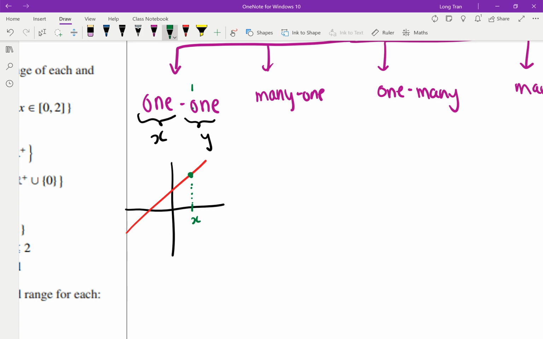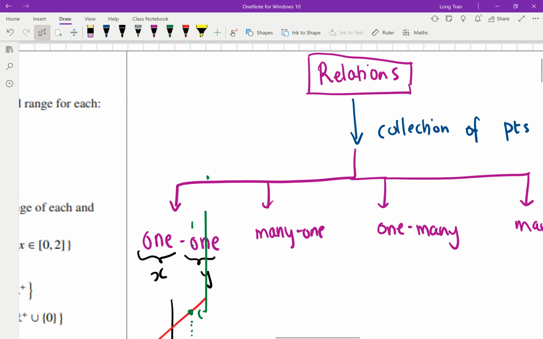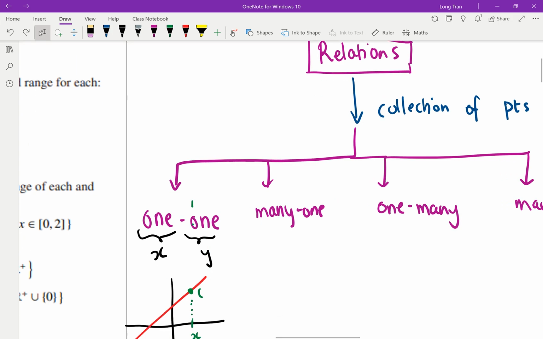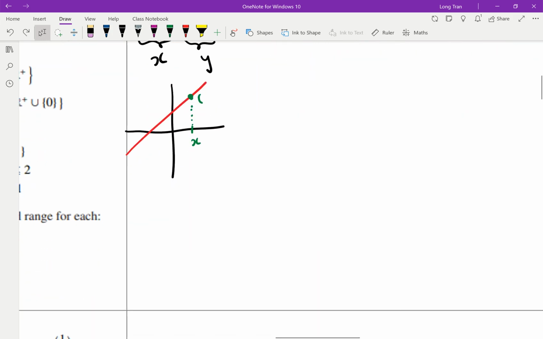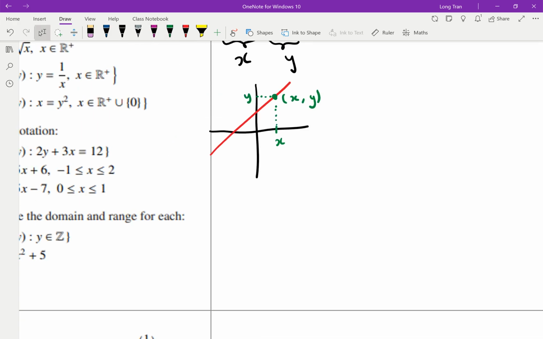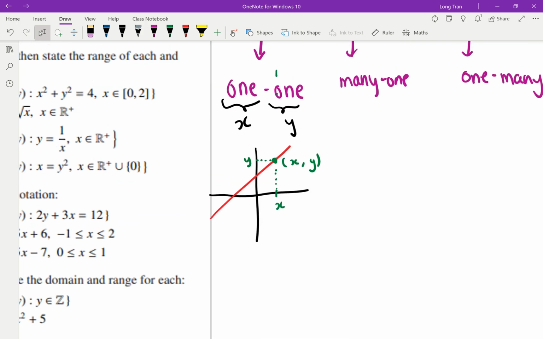So you notice there's only one x, and that one x corresponds to one y value. This is what we call a one-to-one type of relation. Okay, because in that coordinate there are no other points. There's only one x and there's only one y.